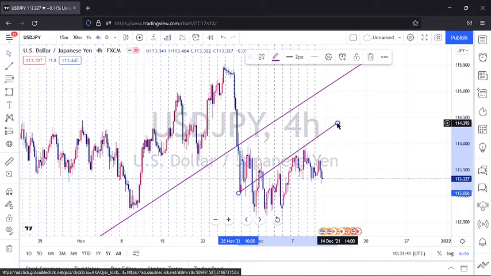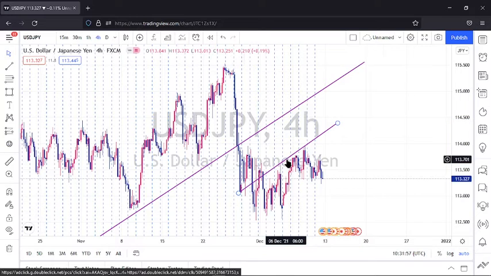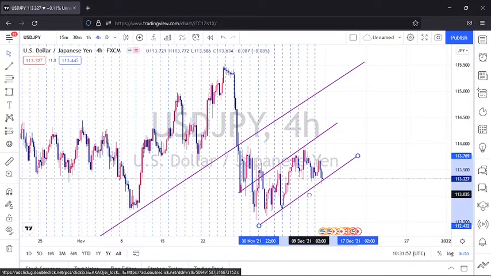I'm seeing a first reaction here, this is also rejecting, a second reaction, a third reaction here. All these are reactions. To confirm that, I have to duplicate my trend line. Yes, you can see that what is happening right here is a flag continuation pattern.